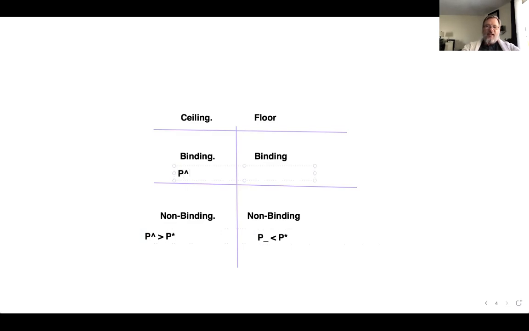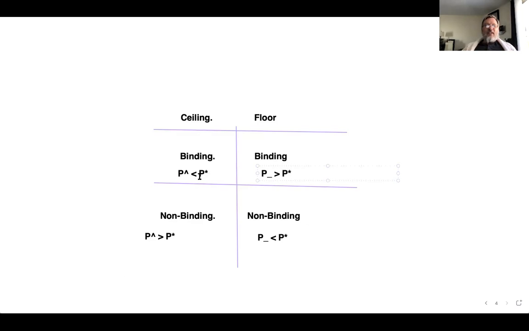So if you have P hat, which is less than P star, that's binding. And if you have P underscore, which is greater, a floor, that's binding. Let me make sure I have my inequalities the right way first before I say all this.